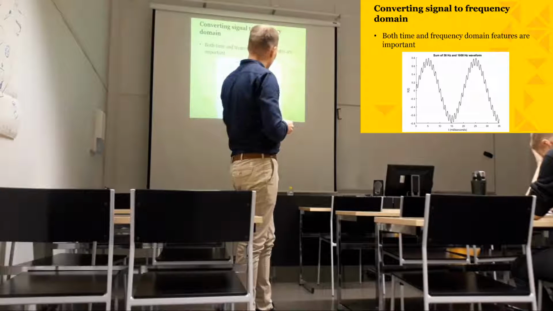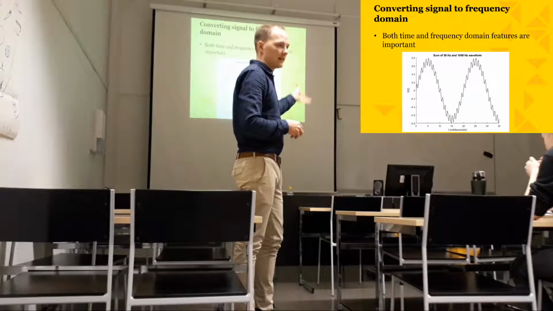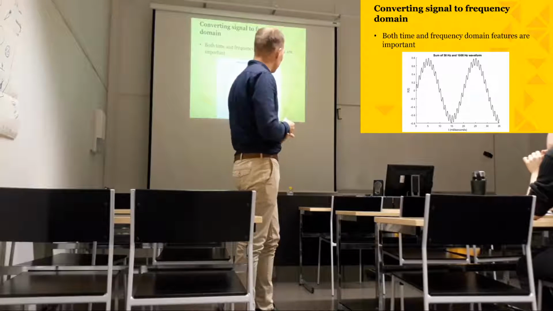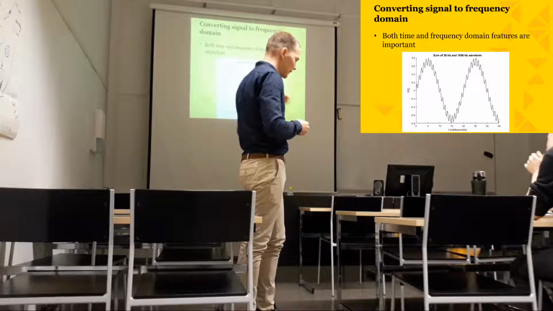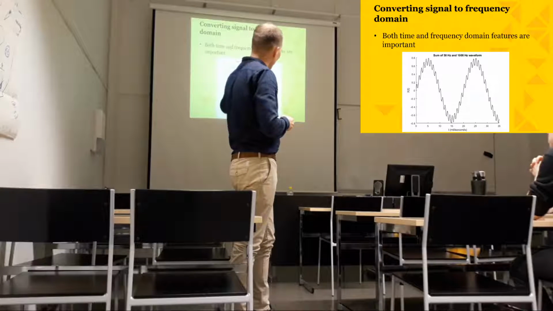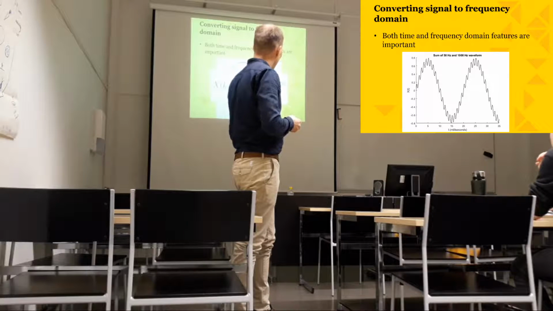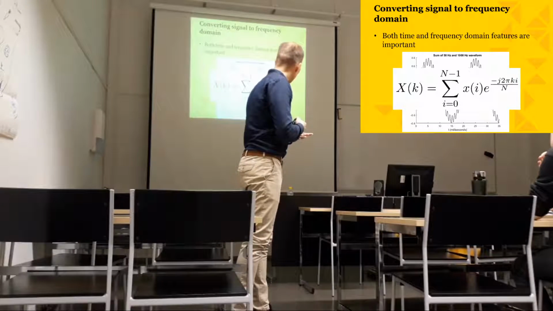In this simple situation we can already see the dominant frequencies, but real signals are much more complicated, so we cannot see them. If we want to extract the frequencies that are there, we use the fast Fourier transformation.